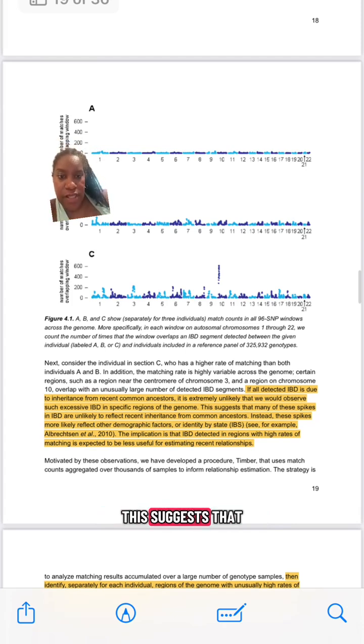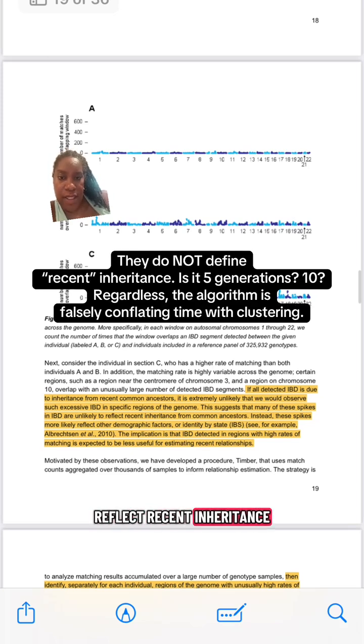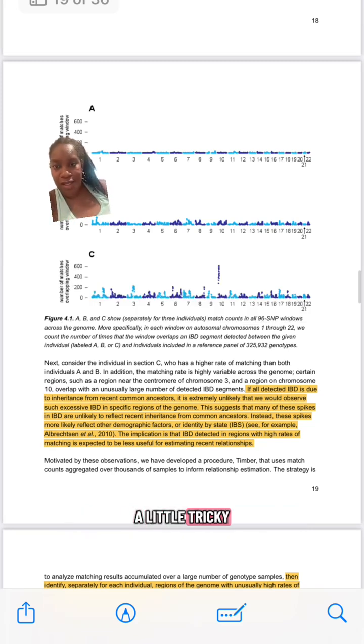They say, "This suggests that many of these spikes in IBD are unlikely to reflect recent inheritance from common ancestors. Instead, these spikes are more likely reflective of other demographic factors or identity by state. The implication is that IBD detected in regions with high rates of matching is expected to be less useful for estimating recent relationships."